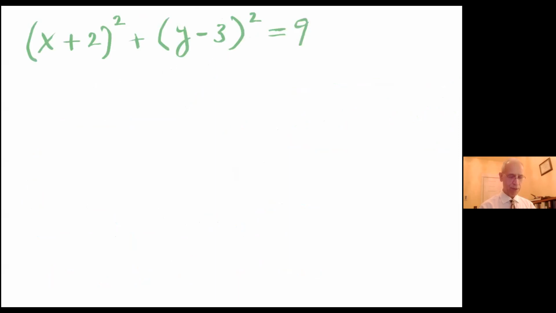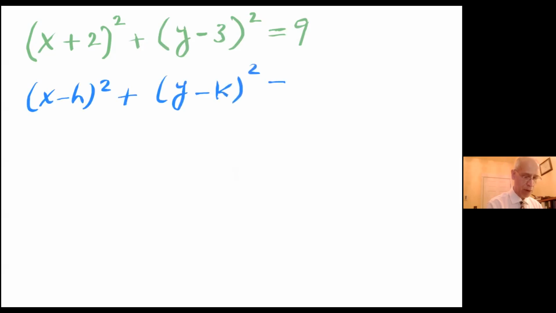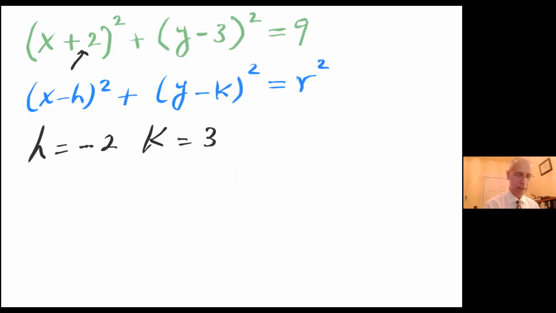Notice that my standard equation for a circle with the center other than 0, 0 was (x minus h) to the second plus (y minus k) to the second equals r to the second. So what does that tell me? That tells me that h equals the opposite of this number, which is negative 2. k is positive 3, and r is the square root of 9, which is positive 3.